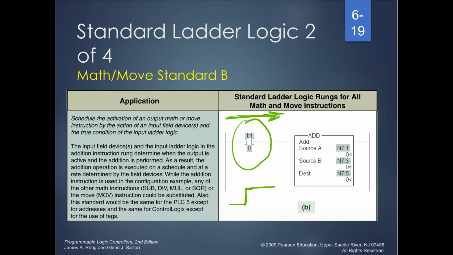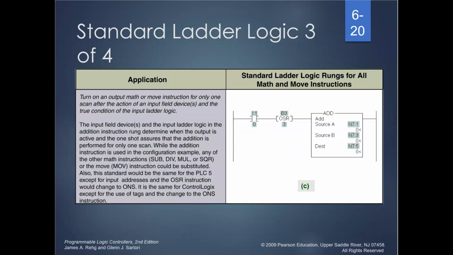In the third scenario, you can see how we can avoid performing the addition in every scan cycle. This time, as soon as you have a true statement here, OSR, which is a one-shot instruction, will provide a pulse like this, because it is looking at the transition from false to true. OSR is a one-shot instruction that works based on the rising edge.